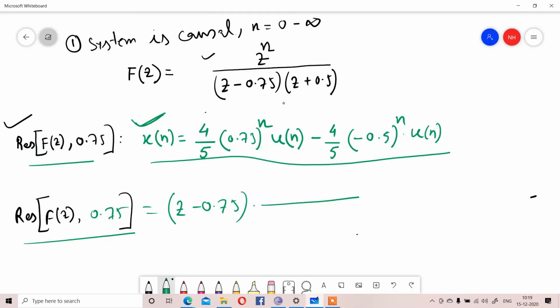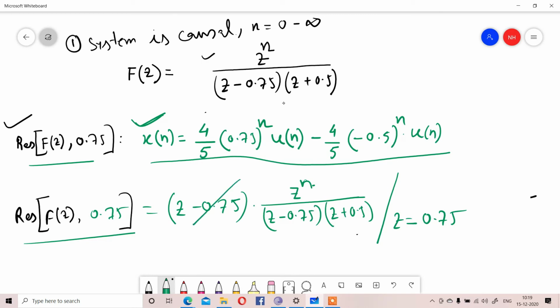Okay, z minus 0.75 multiplied by f(z). So f(z) is z to the power n over (z minus 0.75)(z plus 0.5), where the value of z equal to 0.75. Is that clear? Then that is cancelled out. What we are doing is simply replacing z by 0.75.